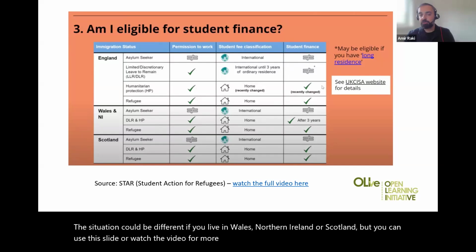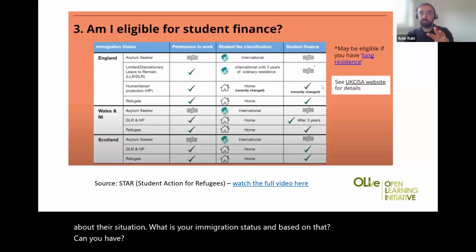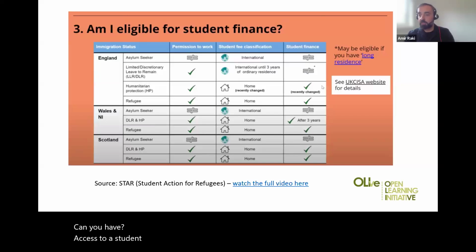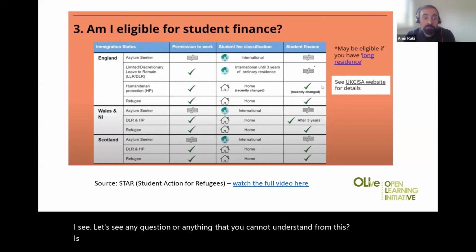So I would like everyone to just think about their situation. What is your immigration status? And based on that, can you have access to student finance or not? Let's see. Any question or anything that you cannot understand from this? Is it clear to you what is your immigration status?